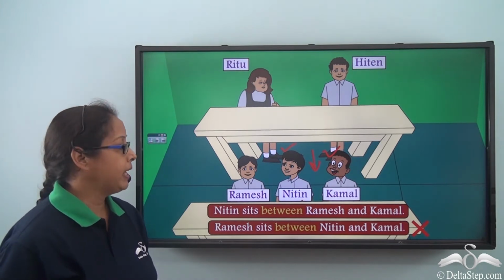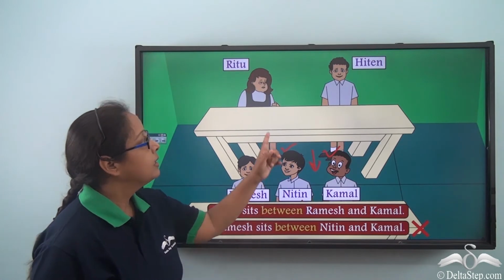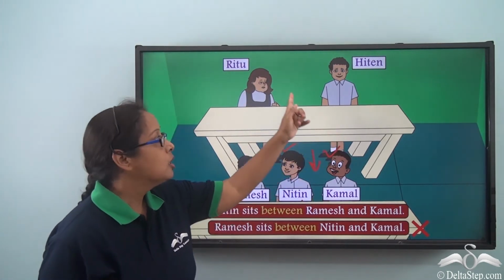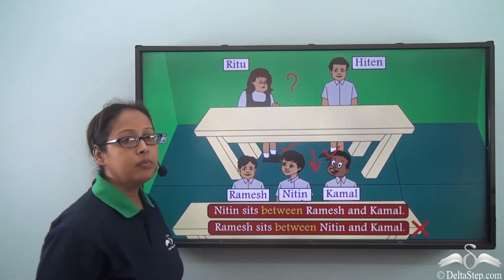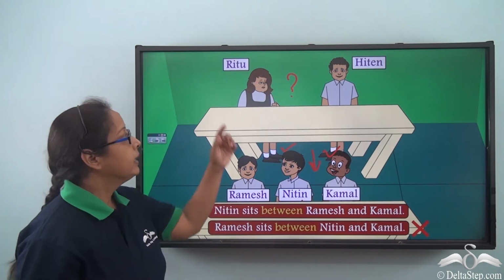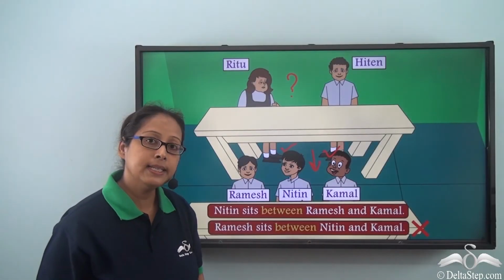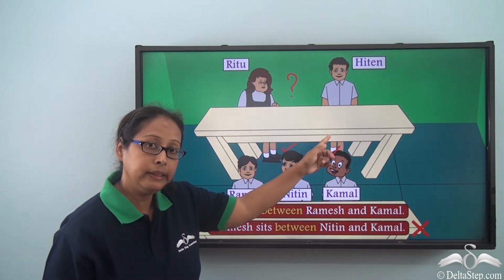In the same way, I cannot say that Nitin sits between Ritu and Hiten. So do we see somebody over here? There is nobody. These two people are sitting alone at that bench. So can I say Nitin sits between Ritu and Hiten?